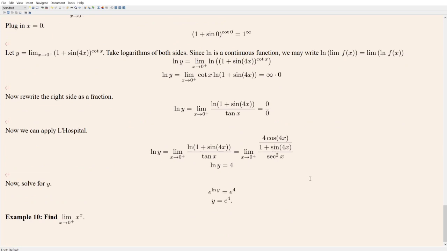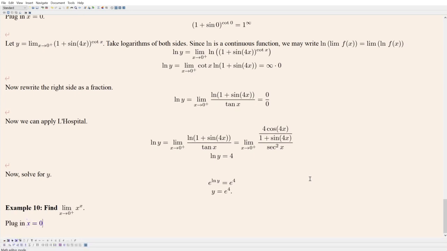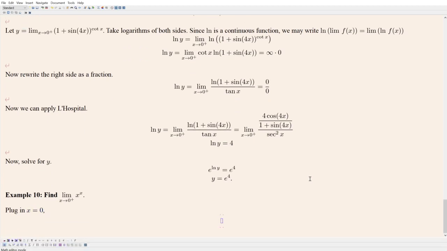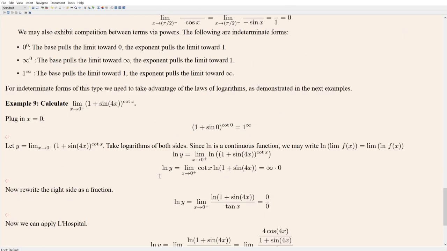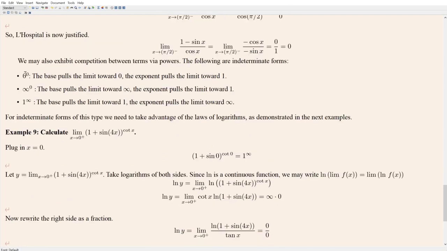Okay, so one more example, and this one we're going to attack by using the same strategy of taking logarithms. So if we plug in x equals 0, well, we get 0 to the power 0, which we have already established is indeterminate.